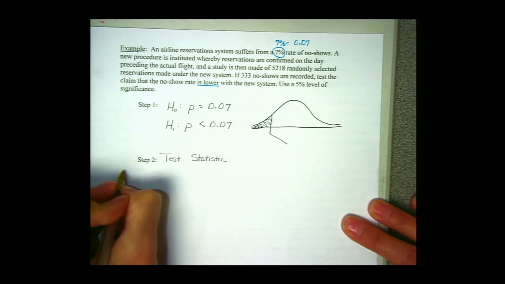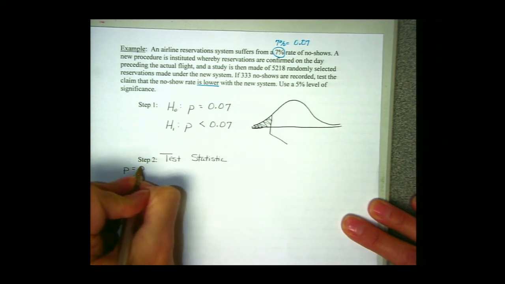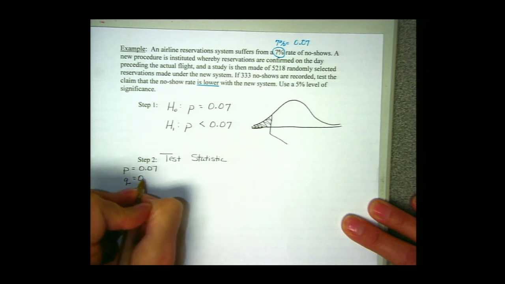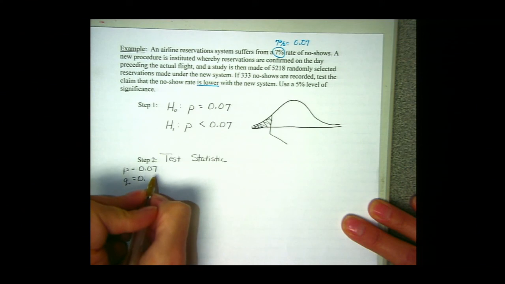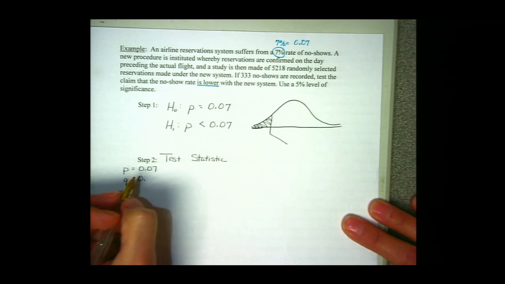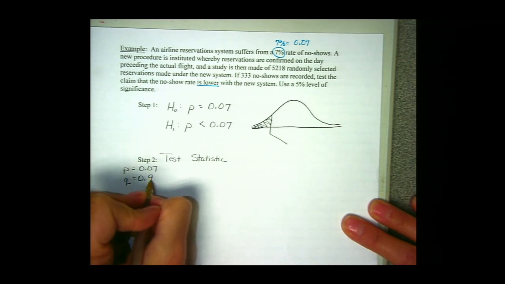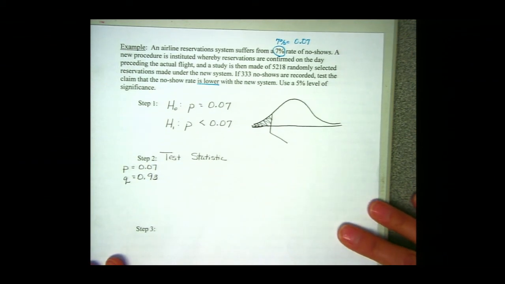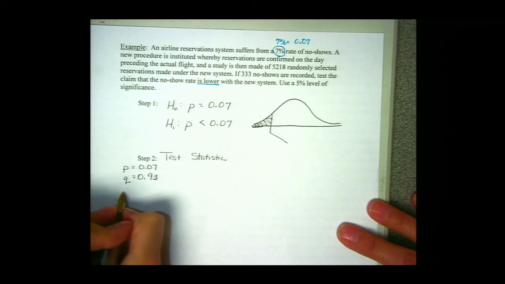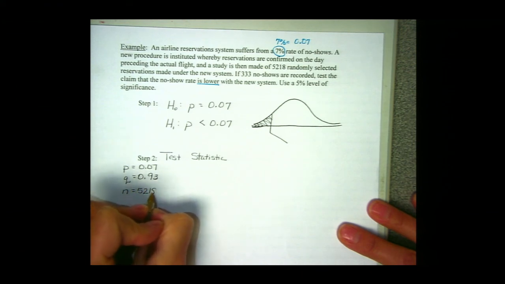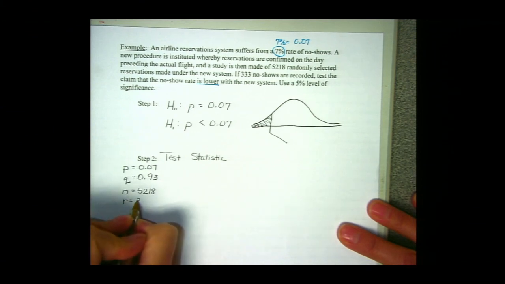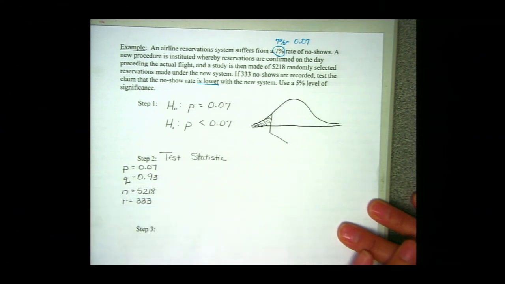all right, we know that P is 0.07, so I know Q is 0.93, sorry. Had to make sure on that number. Okay, then we need P hat, so I know I need N, and they used 5,218 randomly selected reservations, and of those, 333 were no-shows.